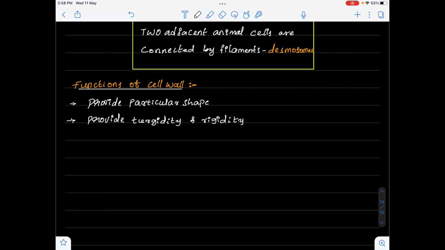Sir, what does it mean? The cell wall permits the plant cell to become swollen when it is placed in water. That condition is called turgidity. As water enters the vacuole by osmosis, the plant cell expands, and the cell wall has to be strong enough to resist this expansion so that it enables the cell to become turgid.